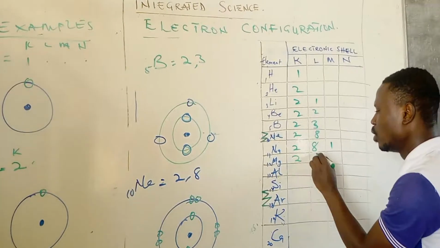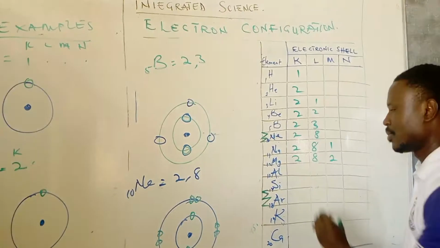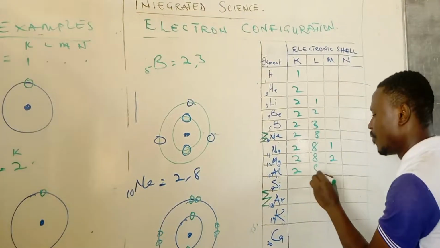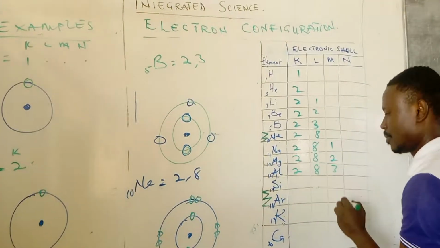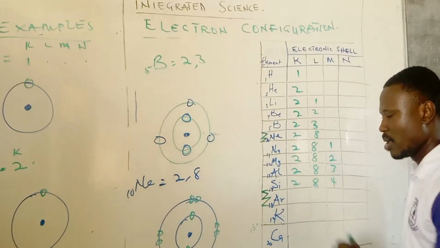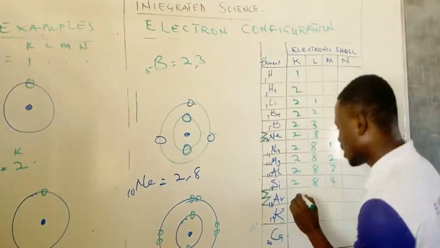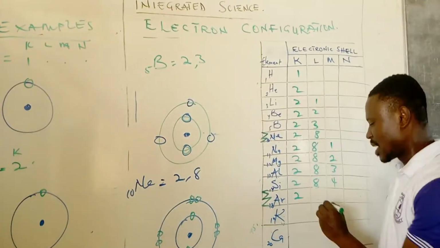So we have 2, 8, 8, 1. Let's add them. 2 plus 8 gives us 10, plus 8, 18, plus 1 gives us 19. So we are talking about the element potassium, which has 19 electrons. Then calcium will give us 2, 8, 8, 2.